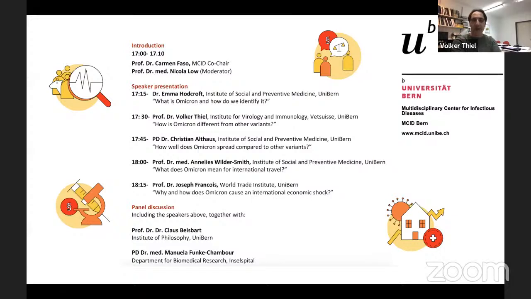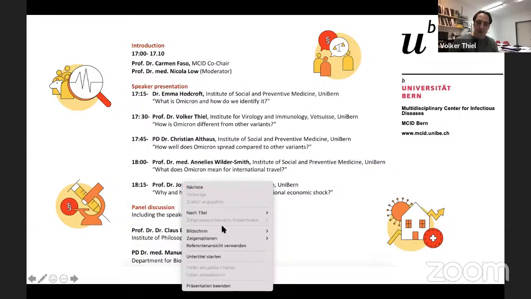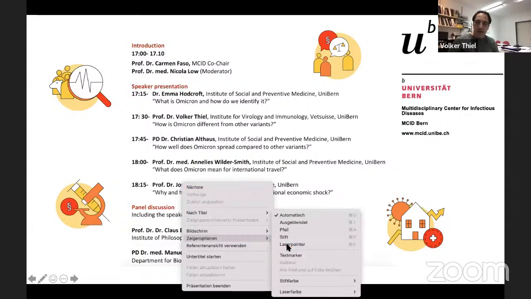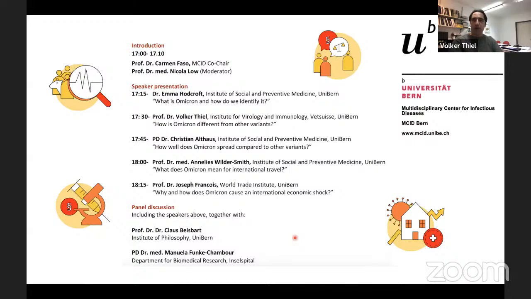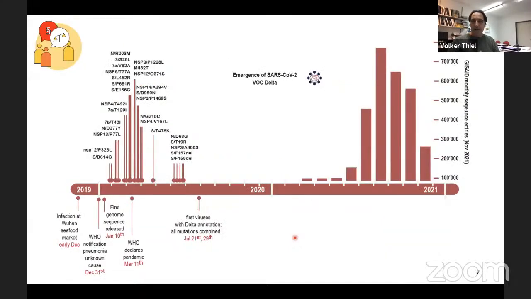There are only a few things we know so far, and I want to go more into the virology, but also tell a little bit of what we can expect in terms of data, in terms of new information in the next days or weeks. But Emma already explained why Omicron is probably much different than the previous variants of concern.